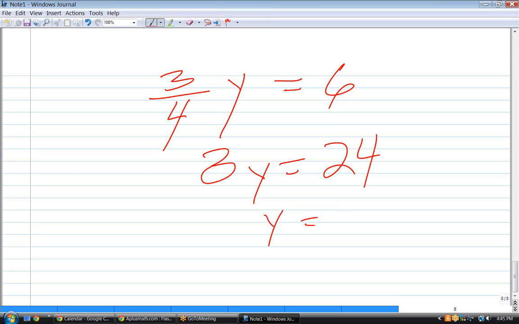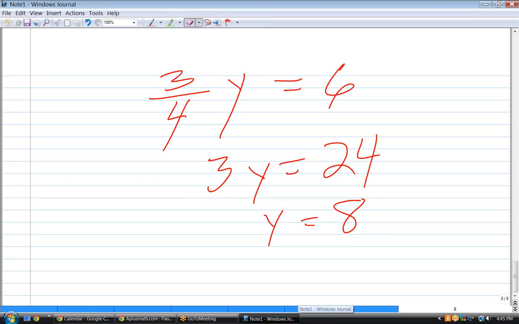Now, that's the answer. To verify to yourself that that's the answer, count by 8s 3 times. 8, 16, 24. In other words, after you've done this division, always check to make sure that 8 times 3 equals 24. That's the definition of division, the resultant multiplication has to be true.